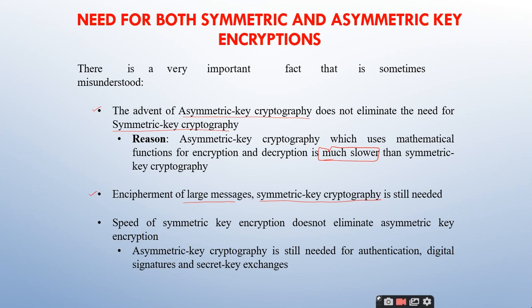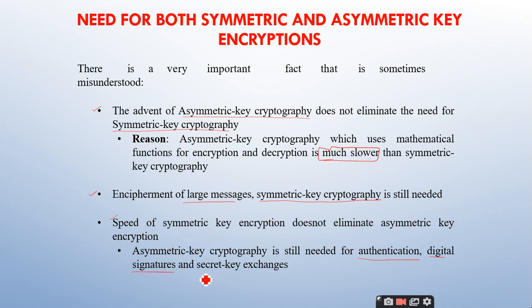Clear? Yes, sir. And the other side of the coin, right? We have the fastest crypto systems like the symmetric. Since we have the fastest symmetric encryption and decryption techniques, do we need to eliminate the asymmetric encryptions? The answer is no. Why? Because asymmetric crypto systems are used for authentication. They are used for digital signatures.